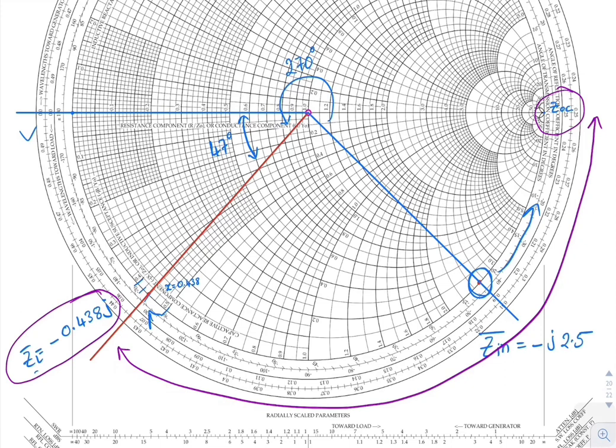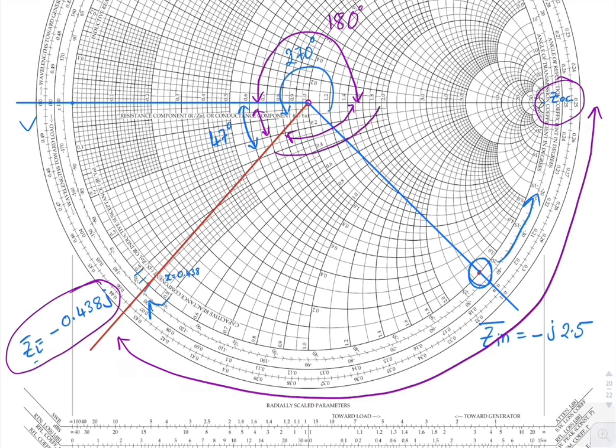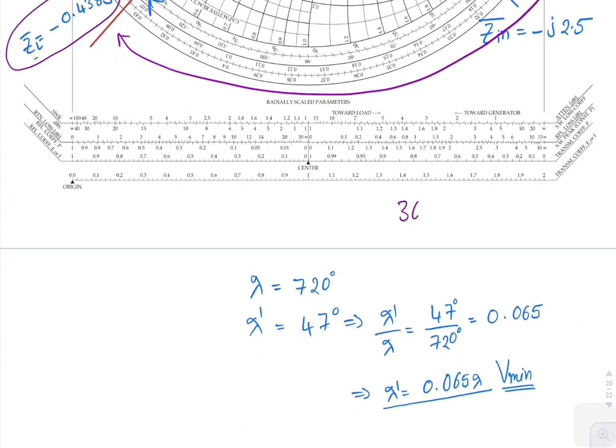That means now we need this angle. We know that this angle is 180 degrees and this angle is 47 degrees. If you want this angle, that is 360 minus 180 plus 47, that is equal to 133 degrees.